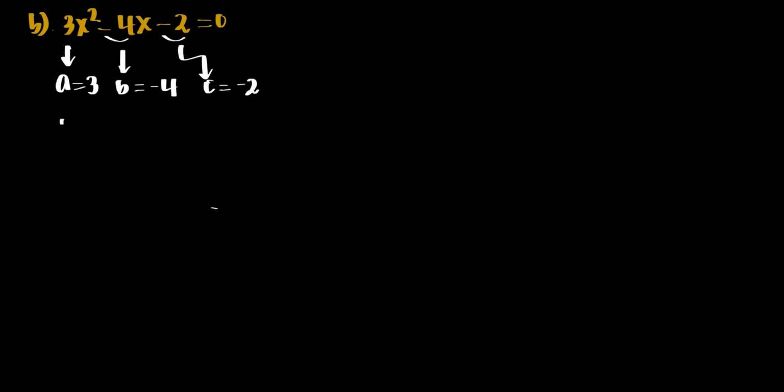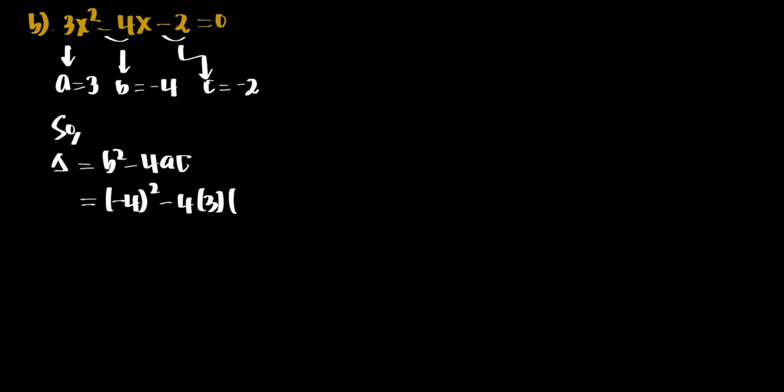So delta equals b squared minus 4ac, then negative 4 squared minus 4 times 3 times negative 2. So 16 minus 12 times negative 2, then plus 24. Then we have 40. Look at the value: delta is bigger than 0.